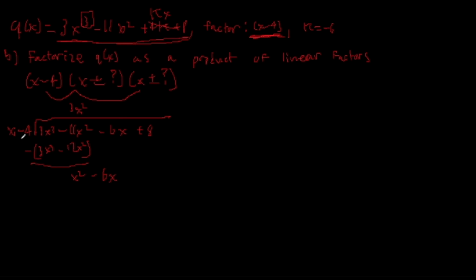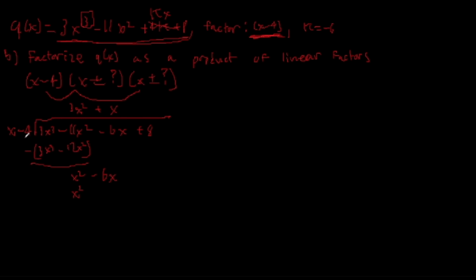So let's see, how many times does x go into x squared? Well, that's going to be x amount of times. Let's just put the plus right there. If we multiply x by x, of course, that'll be x squared.